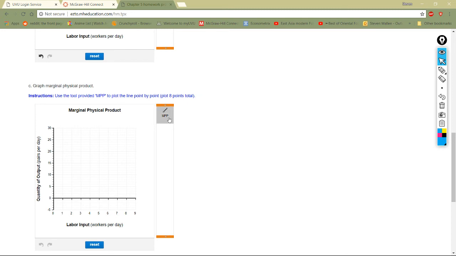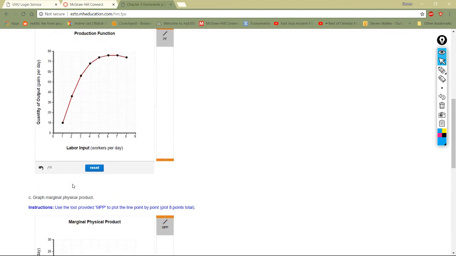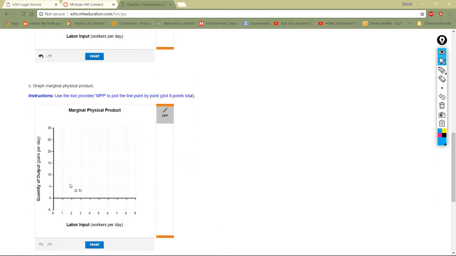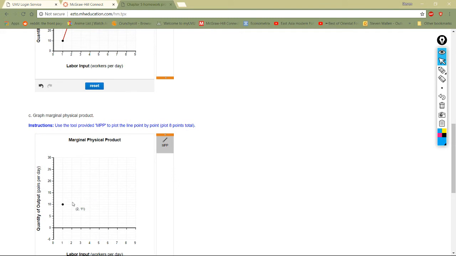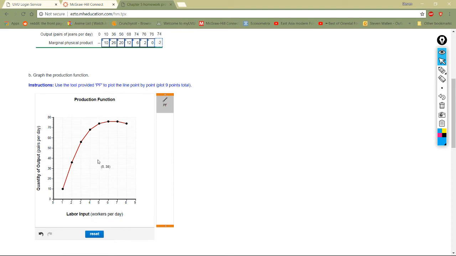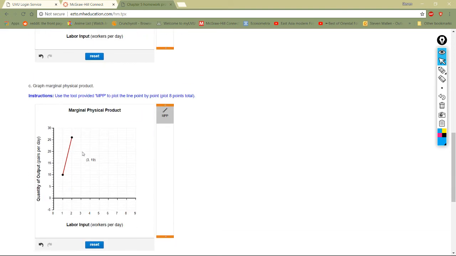So first one is 1 and 10. And the second one is 26. This means the marginal physical product went up big time with that second one. Third one, it goes to 20.